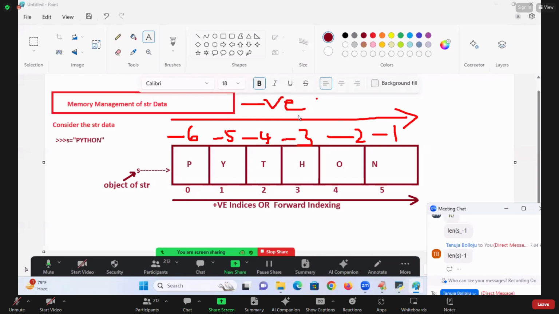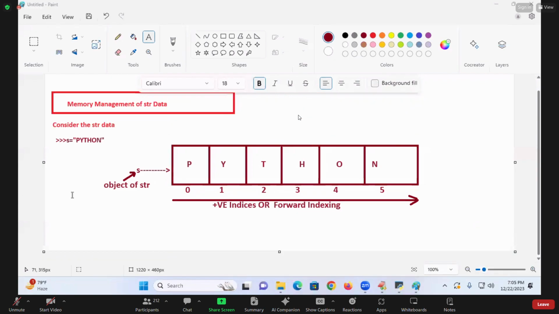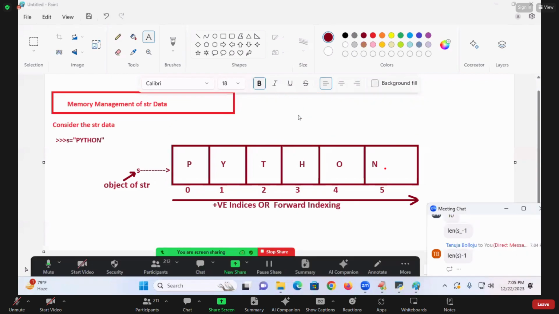Negative indexing. Are you following me? In other words, what is the len of S here? 6. Negative indexing starts from where?